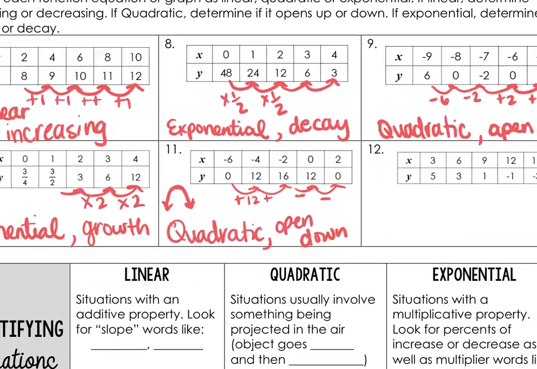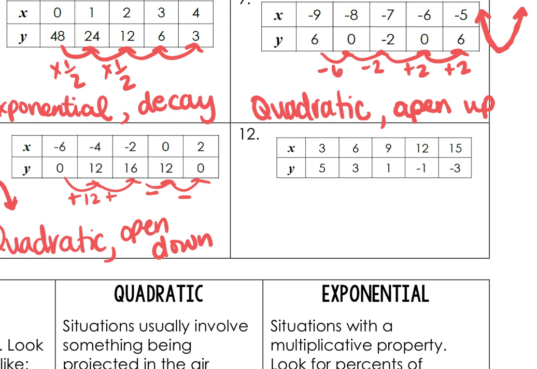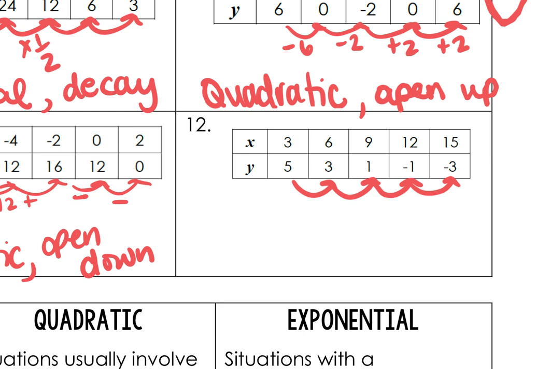Then our last table here, our y values are 5 to 3, 3 to 1, 1 to -1, and -1 to -3. So we don't see a mirror image.